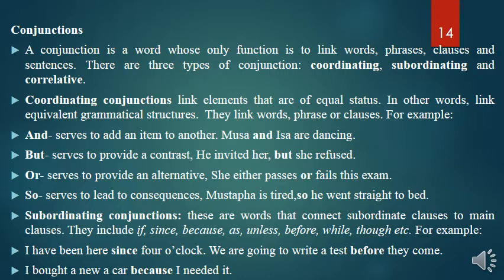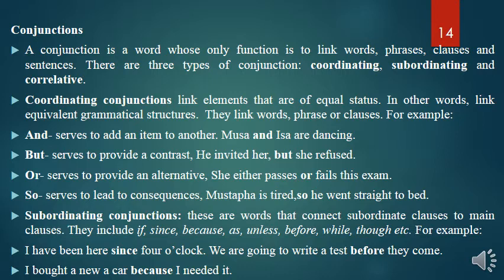That is, in a situation where the speaker or writer wants to show a contrast, but is used there. He invited her, but she refused. Or serves to provide an alternative, in a situation whereby a speaker or writer wants to provide an alternative. It is by the use of the coordinating conjunction or. She either passes or fails.